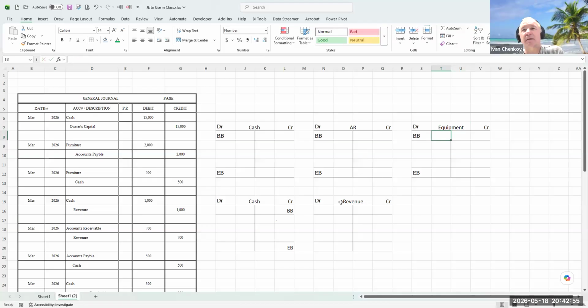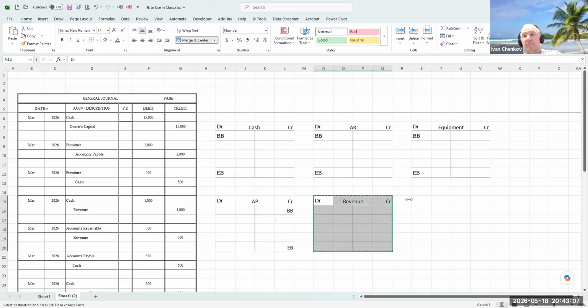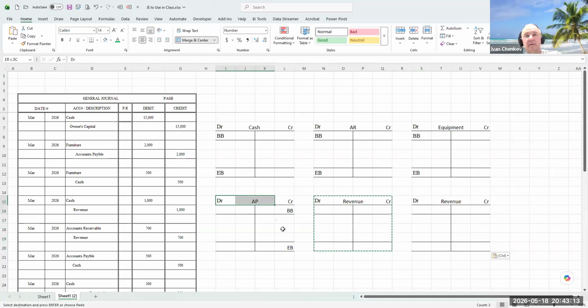Let me see, I need capital. I'm missing one account, accounts payable here. I need this revenue to move right here. And I need here, copy, paste this one here, and that will be capital.